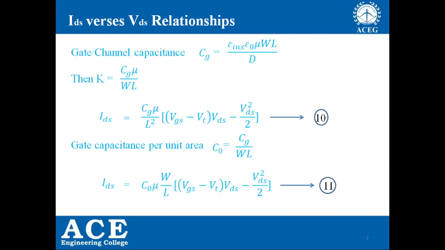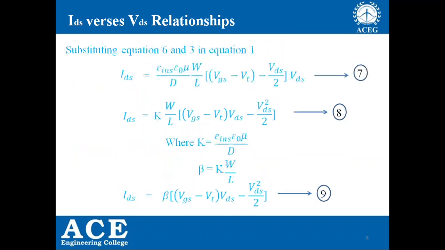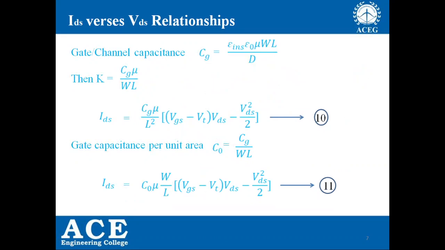So, the gate or channel capacitance Cg is equal to epsilon ins into epsilon naught into W into L by D. So, if we write K in terms of Cg, K will become Cg into mu by WL. Let us substitute the K value in equation number 8, so that we will be having IDS equal to Cg into mu by L square into (VGS minus VT) into VDS minus VDS square by 2.